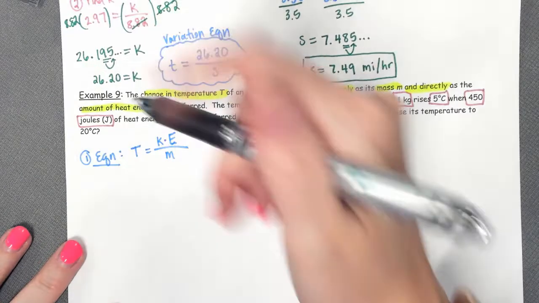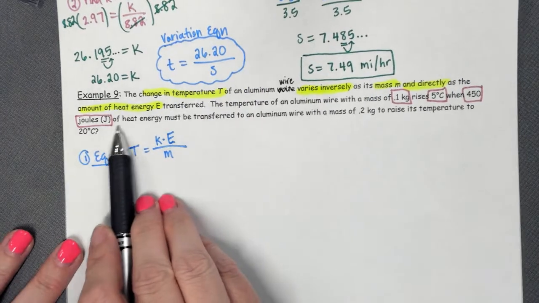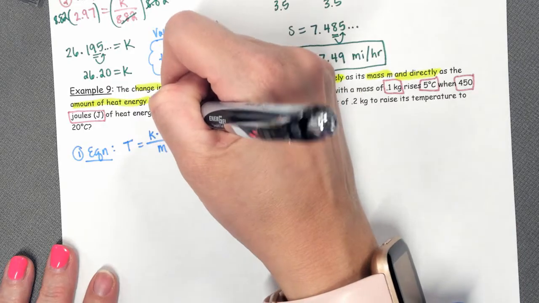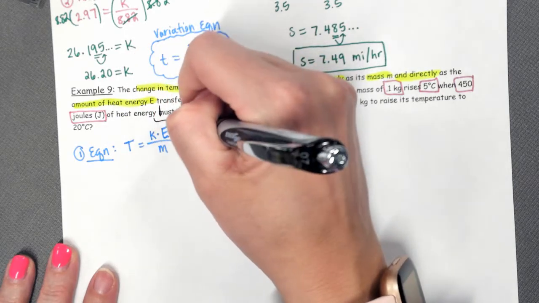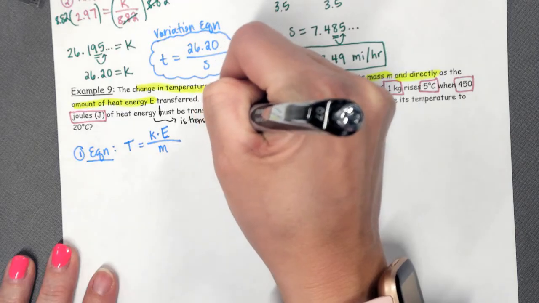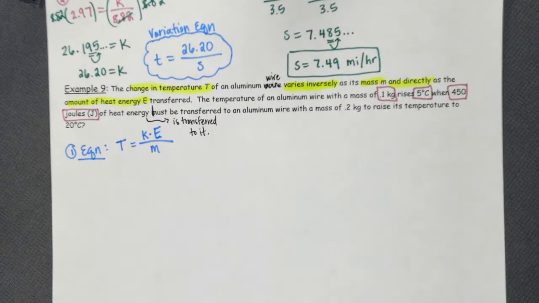I combined two things together when I made this, and I'm sorry. Okay, so it says when 450 joules of heat energy, and we're going to have to add this little part in. So it should say of heat energy is transferred to it. I was doing a copy and paste job and it did not go so well.